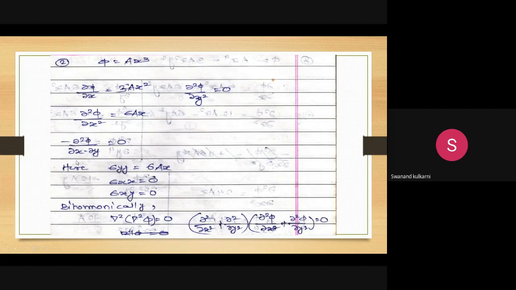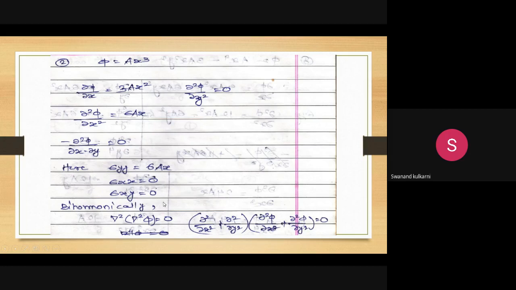Cumulatively, we can write that sigma xx is equal to 0, sigma yy is equal to 6ax, and sigma xy is equal to 0. Stress along y-axis is 6ax, stress along x-axis is 0, and the shear stress is 0.